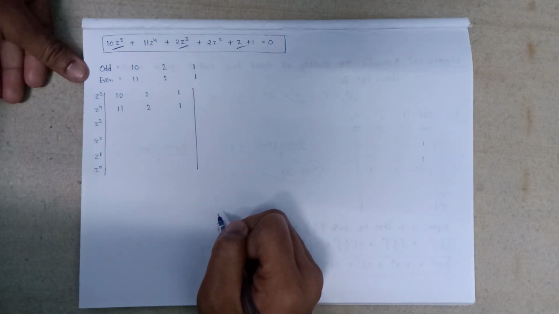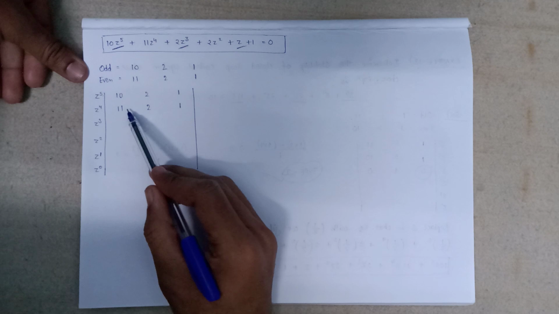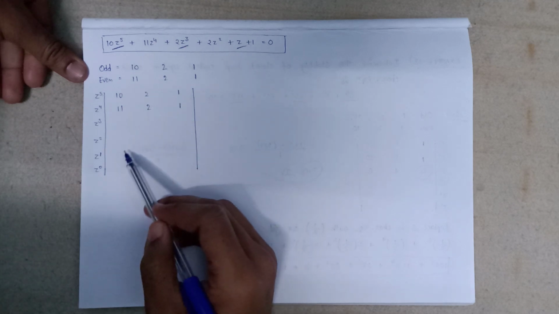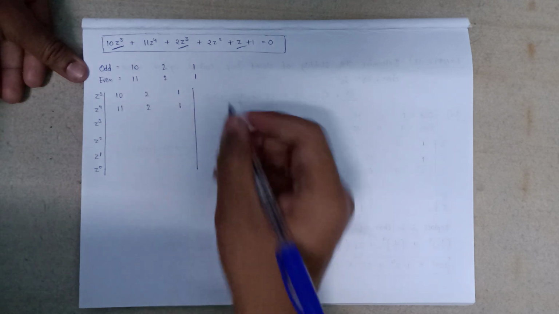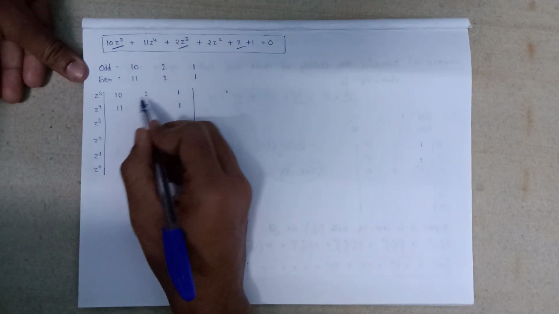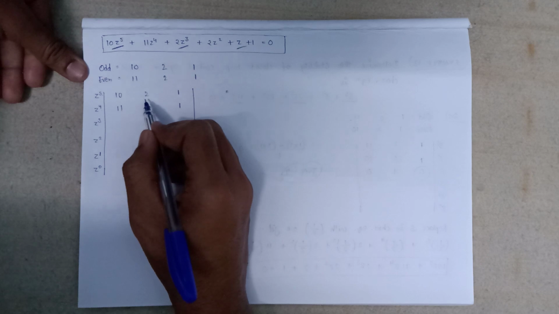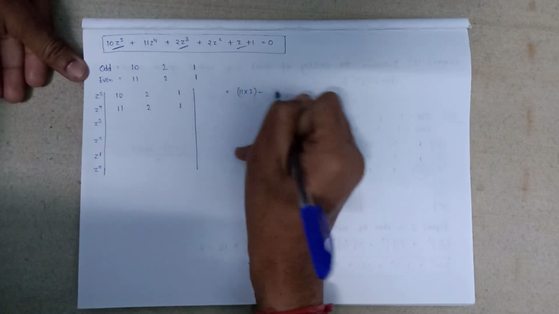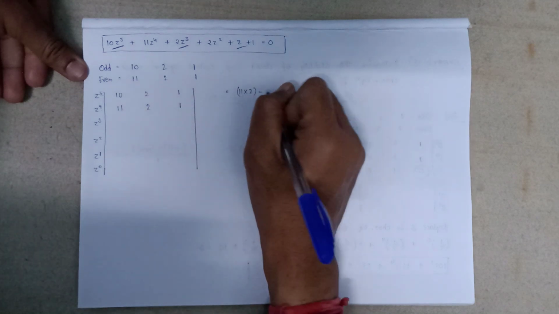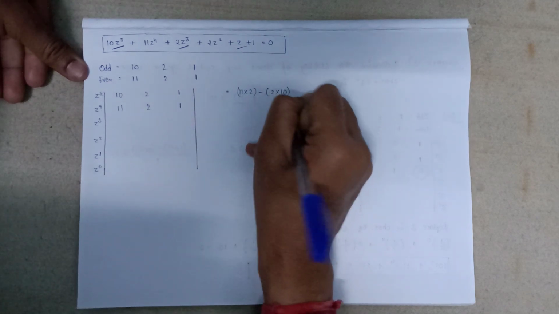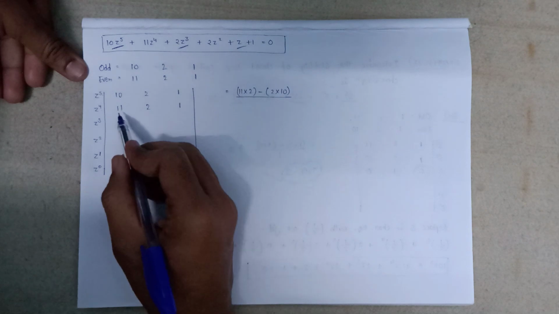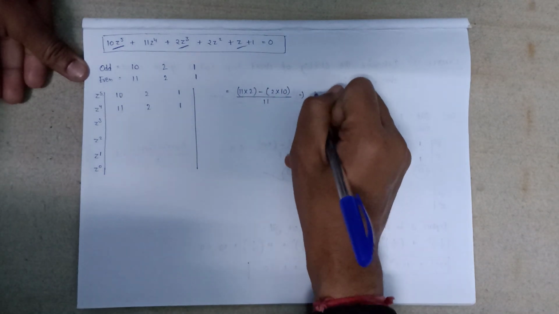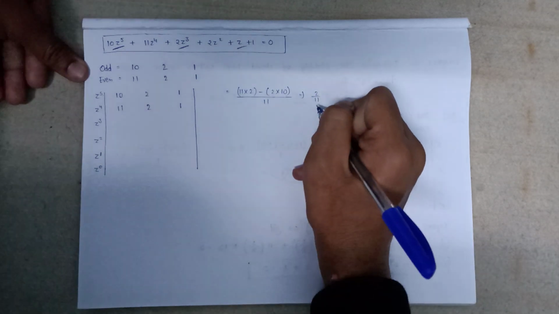After that we will perform the cross multiplication method to fill all the remaining entries in the Routh array. So here 11 multiplied with 2 minus 2 multiplied with 10, the whole thing divided by 11, we get 2 over 11 as output.